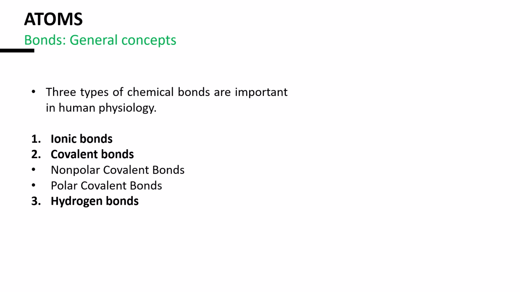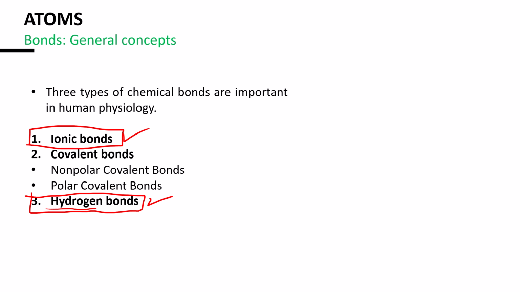From these 3, the most important ones to remember, I would say, are the hydrogen bonds and the ionic bonds. Ionic bonds are very strong, right? So it requires a lot of energy to separate an atom from another that are bound by an ionic bond. Now, hydrogen bonds, from these 3, are the weakest.